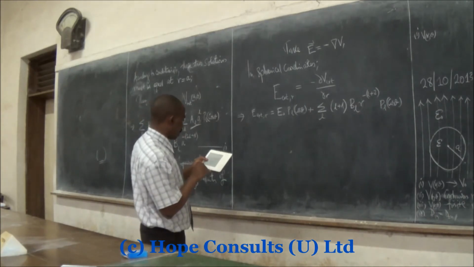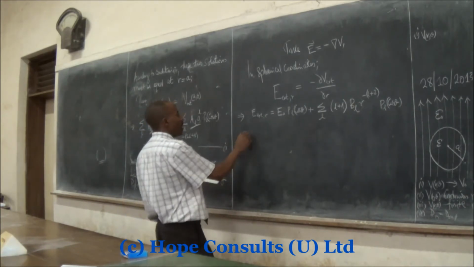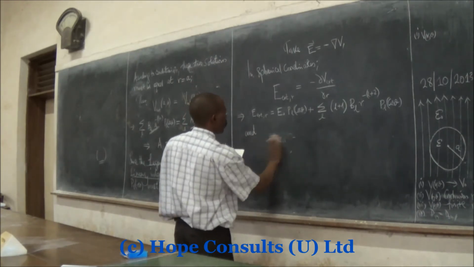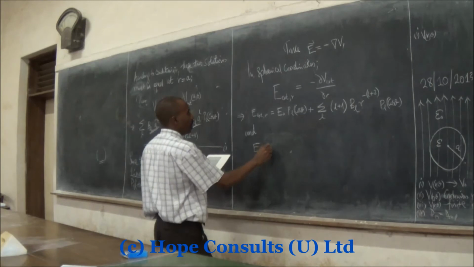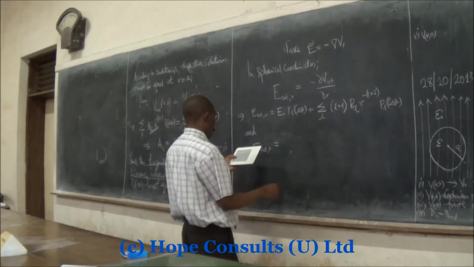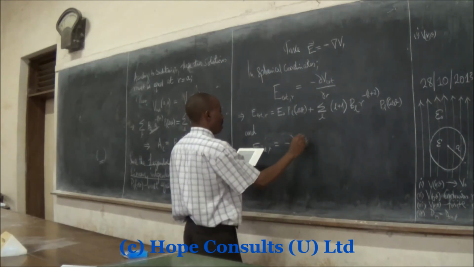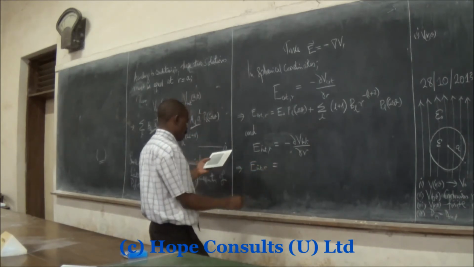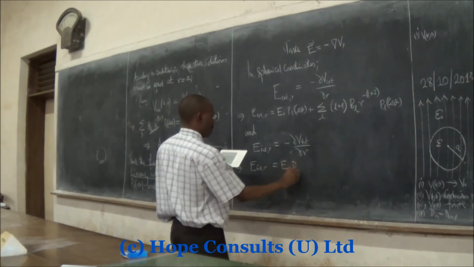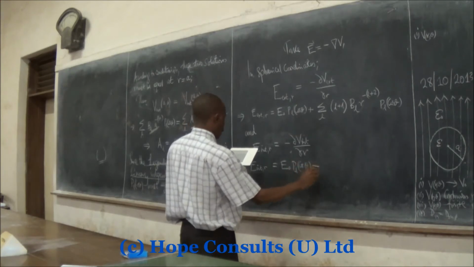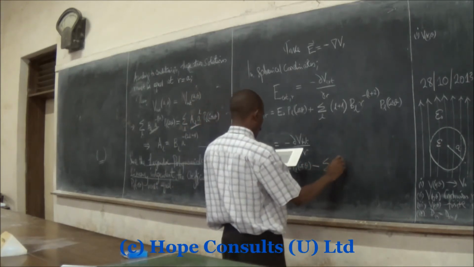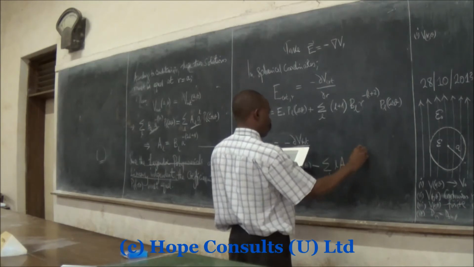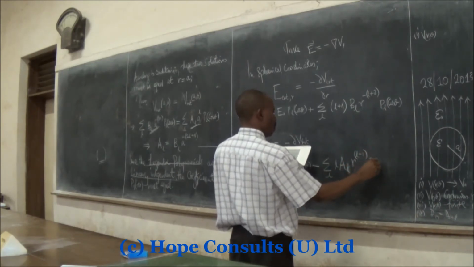Okay, so I get that for the external, and the E in area r would be equal to, so I can arrange them nicely, minus ∂V in area by ∂r, implying that E in area r would be equal to E naught P_L cos theta minus summation over L, L A_L r to the L minus 1, P_L cos theta.